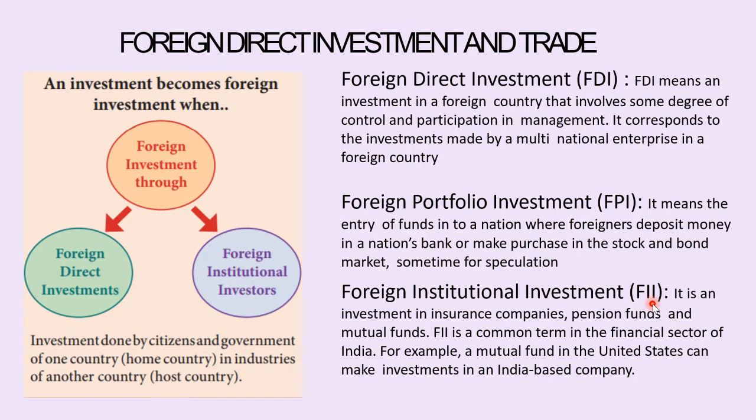So these are the objectives of FDI. 1. Sales expansion. 2. Acquisition of resources. 3. Diversification. And 4. Minimization of competitive risk. The risk involved in this competition is minimal. It minimizes the competitive risks involved.